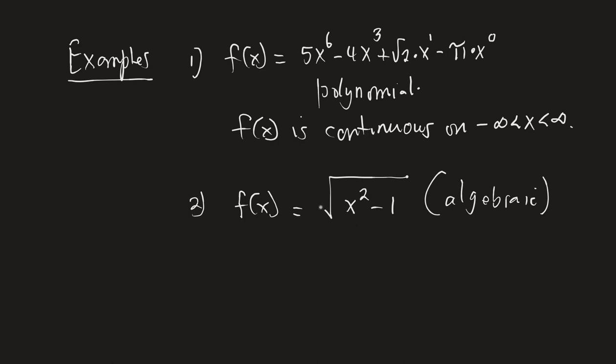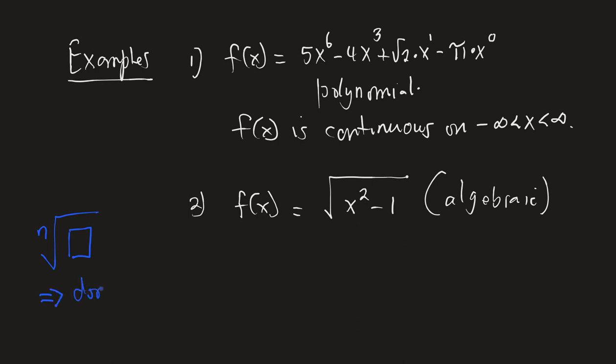And for square roots, for fourth roots, in fact, let me write a little fact over here. If I give you a function that looks something like this, and n is an even number, like 2, 4, 6, 8, any of those even roots, for this root to work, whatever is under the root must be greater than or equal to 0.